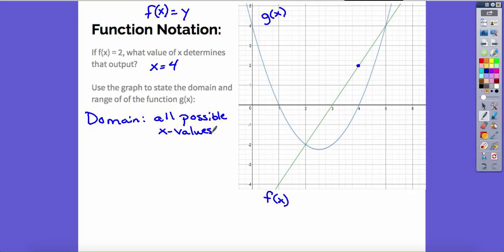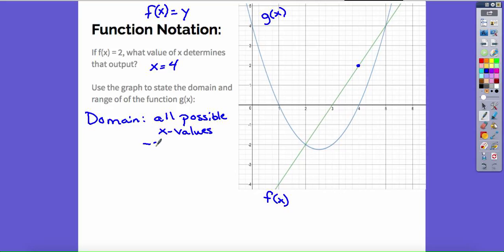And so for any x values that are possible for g of x here, how I'm going to know this is, and this is what I do, I come over here to an x value that might not be on my graph, and I ask myself, is this x value able to eventually meet up with a point that's going to be way up high here on top of my graph? And yeah, eventually I will get to a point that it'll work.